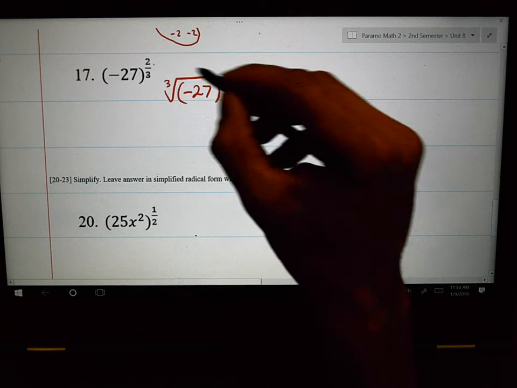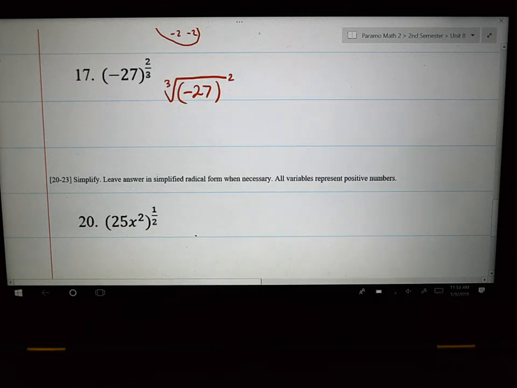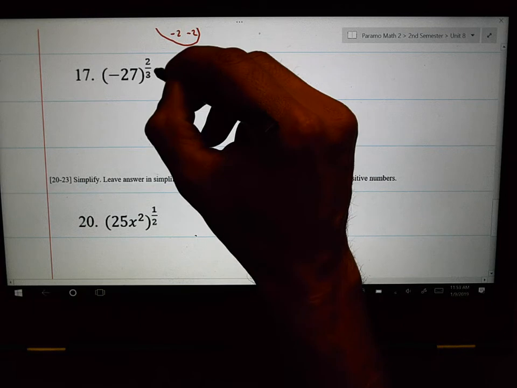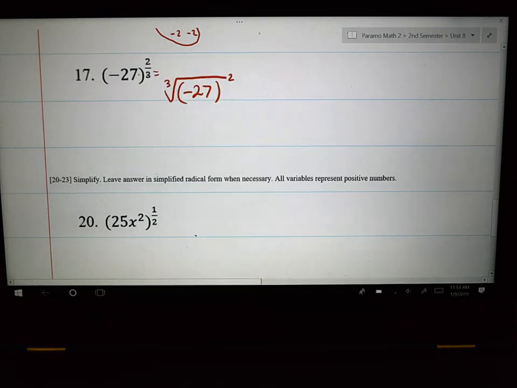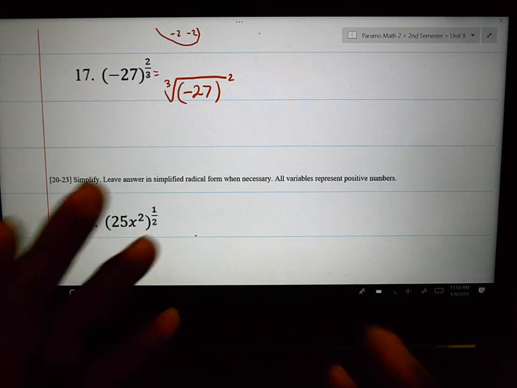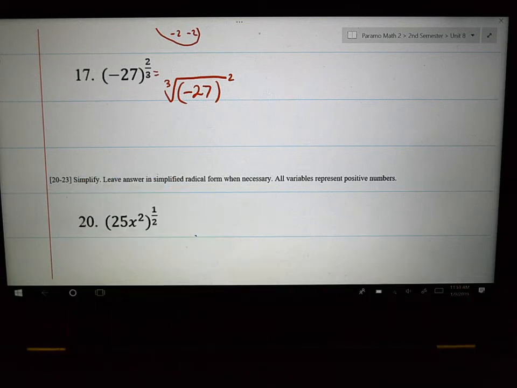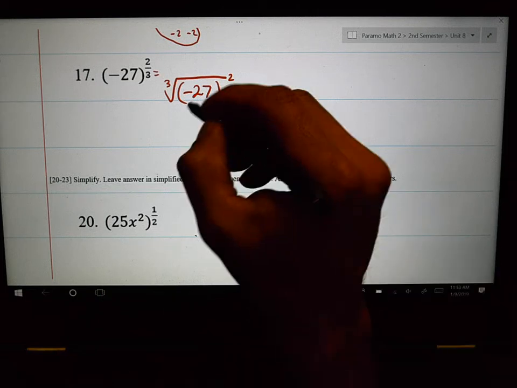And then the 2 is on the outside. We go from exponential form into radical form. And then what we're going to try to do is try to find 3 factors that multiply to be -27. And there's only one way to do it if you're trying to get to that negative.